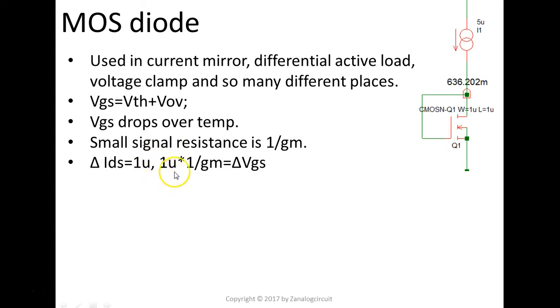That current multiplied by this small signal resistance 1/GM is equal to how much change you can see on the VGS. So let's say if you use 6 microamps here, the final large signal VGS is going to be equal to 630 millivolts plus this delta VGS here.